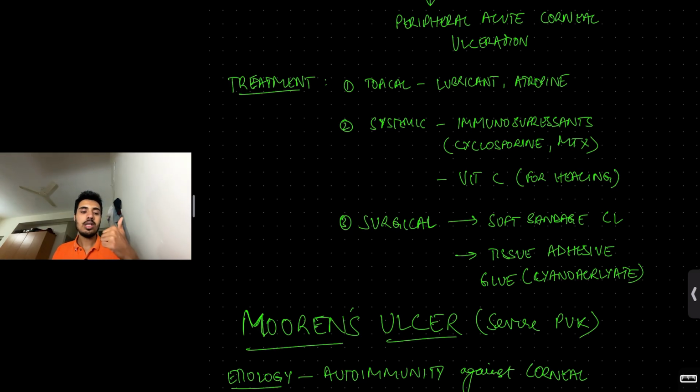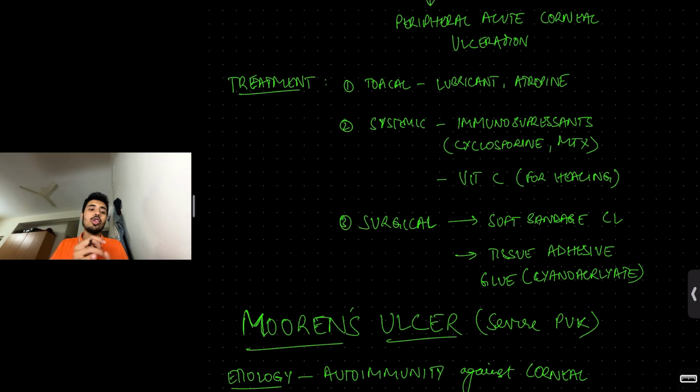So what is it? SLE, rheumatoid arthritis, polyarteritis nodosa. What happens basically? Peripheral corneal epithelial thinning, peripheral corneal epithelium guttering, where it appears like contact lens cornea, and peripheral corneal epithelium acute ulceration.